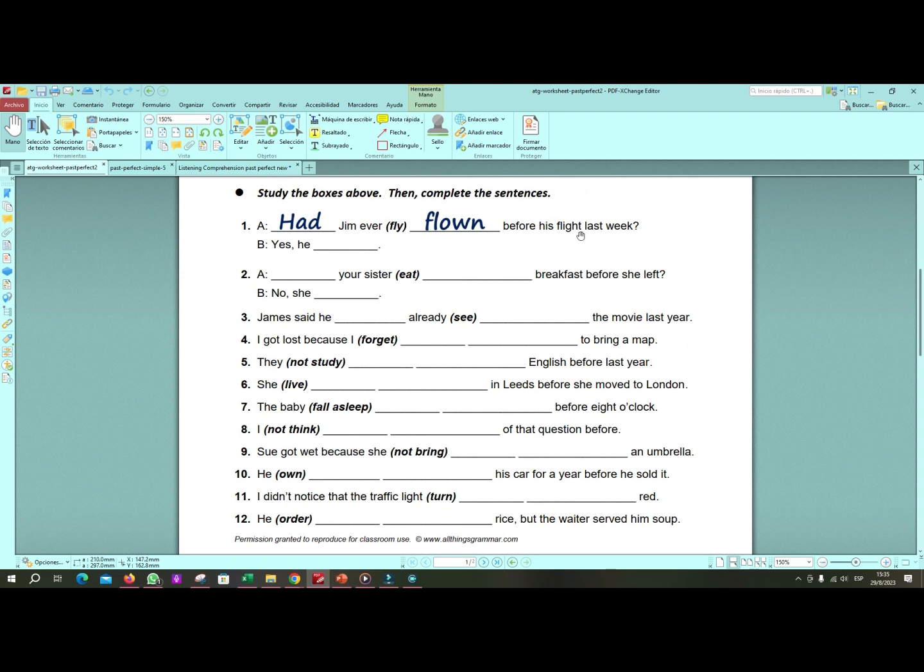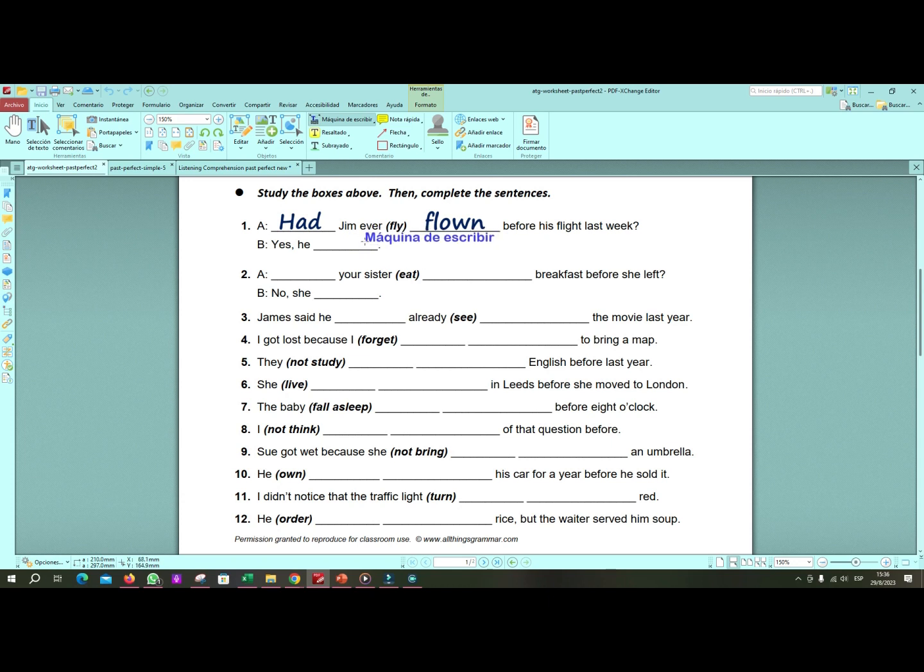It says, study the boxes above, then complete the sentences. This is a yes/no question. So you know that first you should use here the auxiliary had. Here you have the subject, that is Jim. Ever, that will be what?